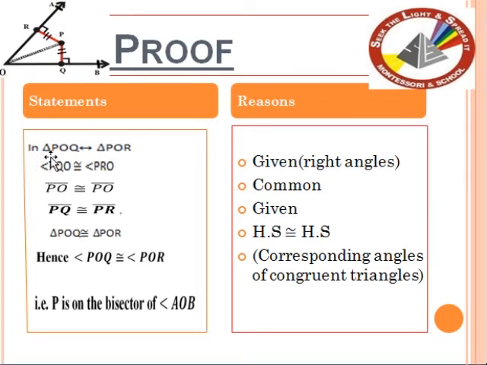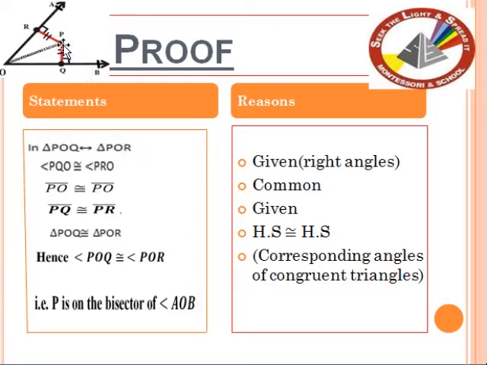In comparison of triangle POQ with triangle POR, angle PQO is congruent to angle PRO. It's given that both the angles are right angles. Again, we have seen that this side OP is common in both the triangles, so we will write that OP is congruent to OP because it is common in both triangles.